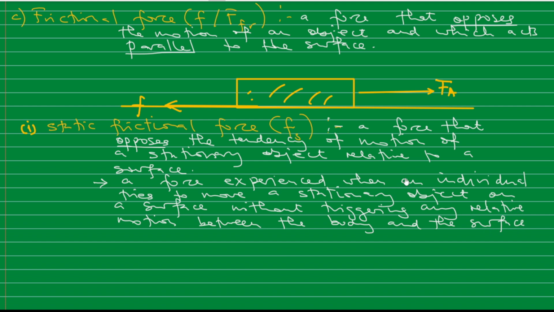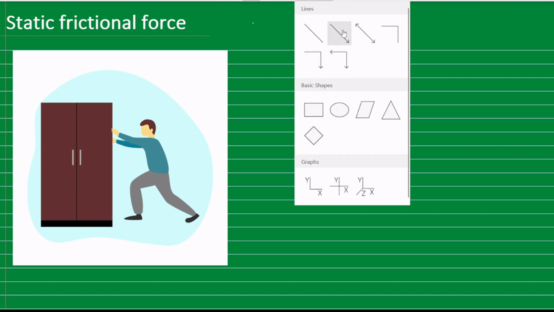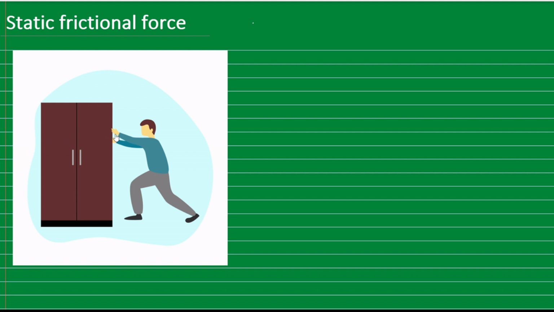It is a force experienced when an individual tries to move a stationary object on a surface without triggering any relative motion between the body and the surface. If at some point you have tried to push an object with a force, but you feel there's a resistance to your pushing, the object is not actually moving because of the frictional force there.